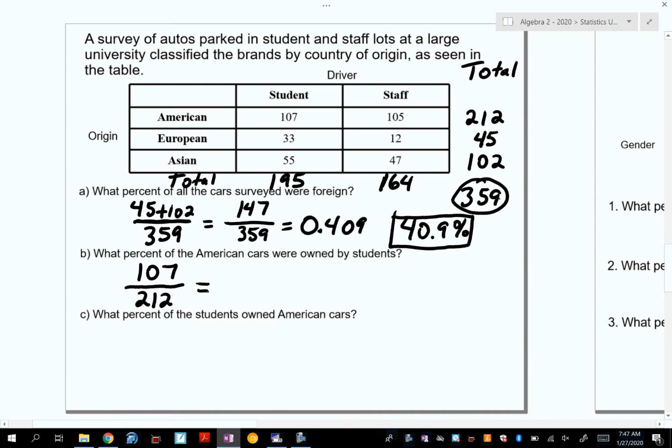All right, so in your calculator, do 107 divided by 212. And you get 0.505. So as a percentage, that's going to be 50.5%.